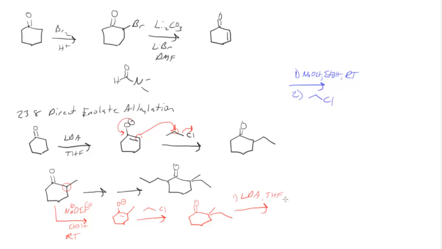And the temperature actually doesn't really matter, but oftentimes we'll do it at -78 if we're trying to get a kinetic enolate. And 2, I'm then going to react with propyl chloride, or propyl bromide would work as well, to put the propyl group on in the alpha position, and that will get us to our product. So it's only 2 or 3 steps depending on how you view it.